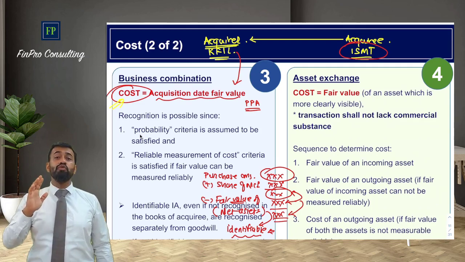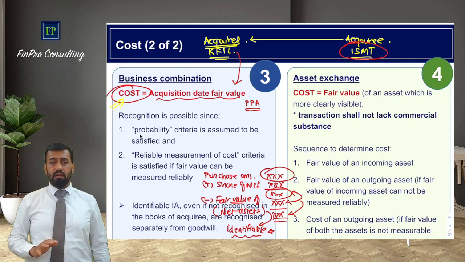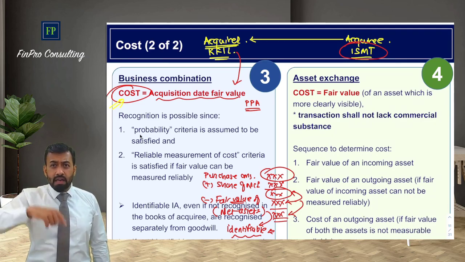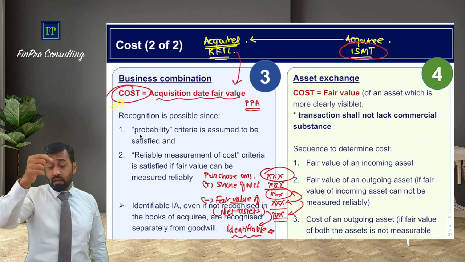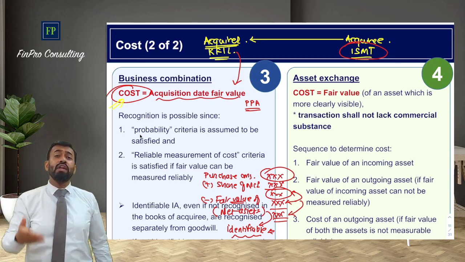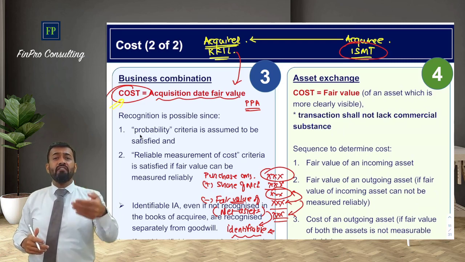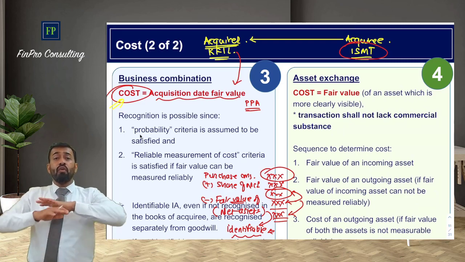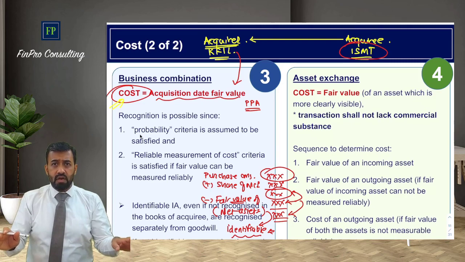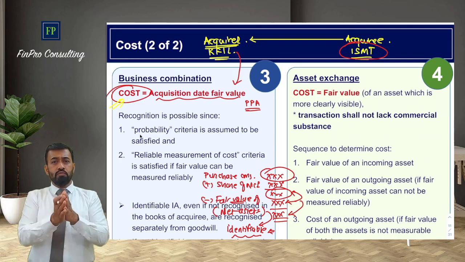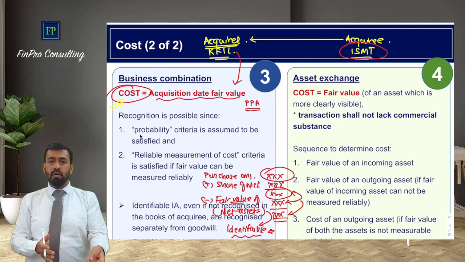So it will be subsumed as a part of goodwill. Market share: can you recognize market share as a separate identifiable asset? No, it is not an asset. I do not have control over market share. The question doesn't arise about recognizing that separately from goodwill. Subsume that as a part of goodwill.